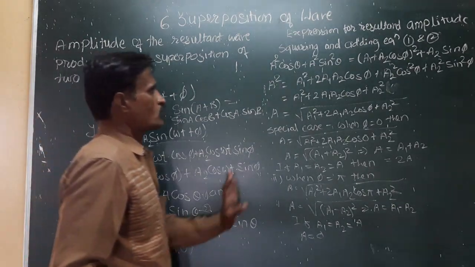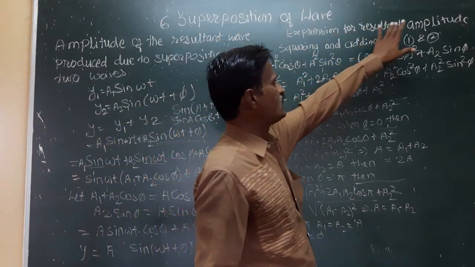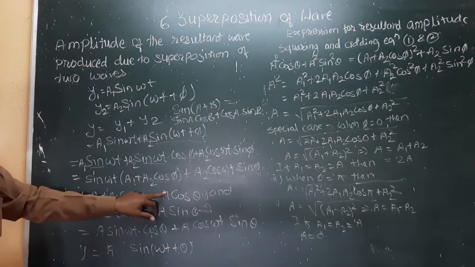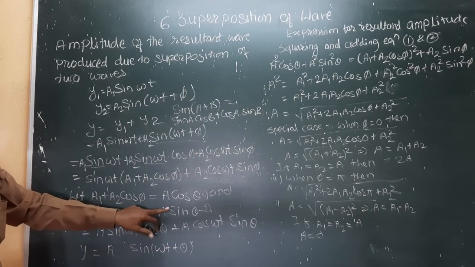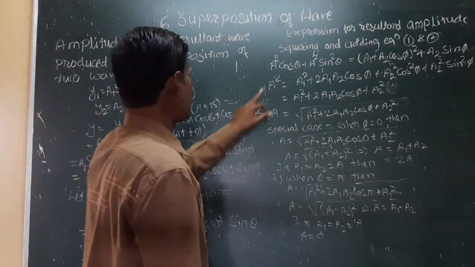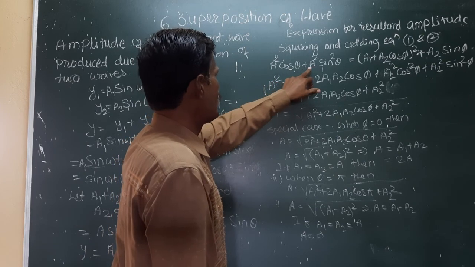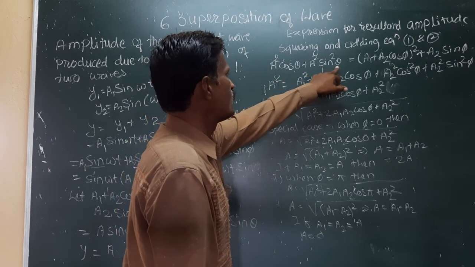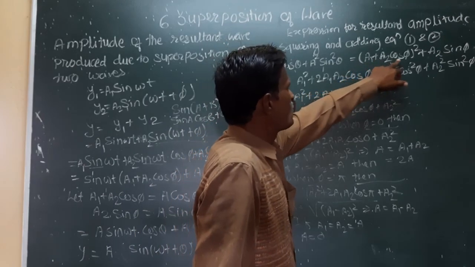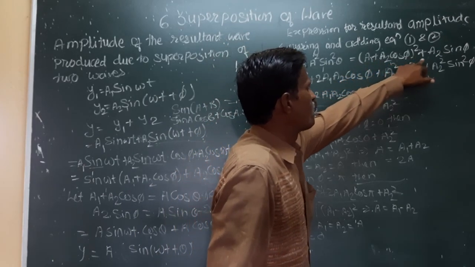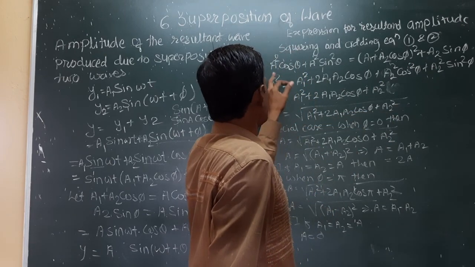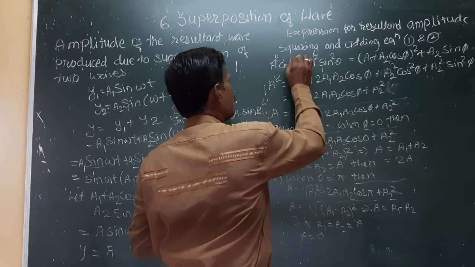Now to find the value of the resultant amplitude, we square and add equations 1 and 2. So we get A square cos square theta plus A square sin square theta is equal to (a1 plus a2 cos phi) whole square plus (a2 sin phi) whole square.